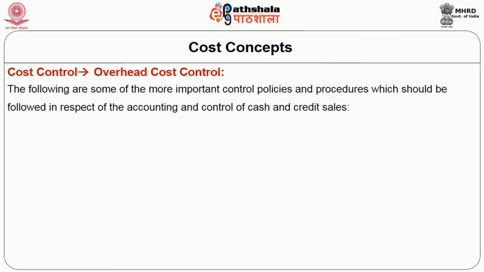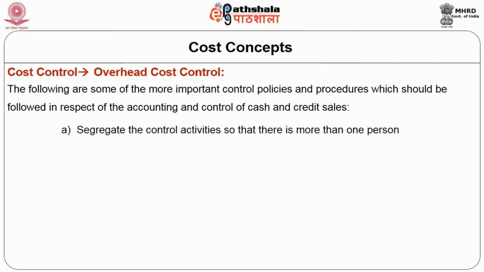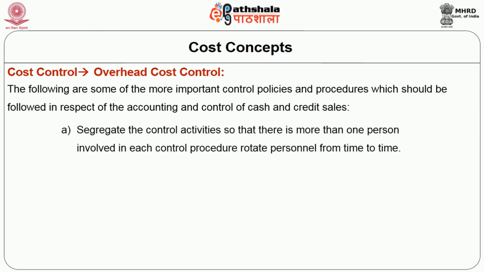The following are some of the more important control policies and procedures which should be followed in respect of the accounting and control of cash and credit sales. Segregate the control activities so that there is more than one person involved in each control procedure and rotate personnel from time to time.